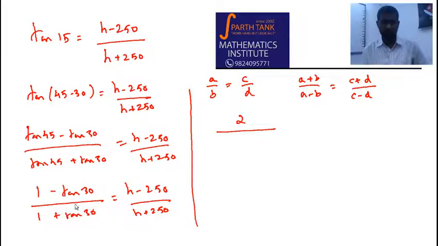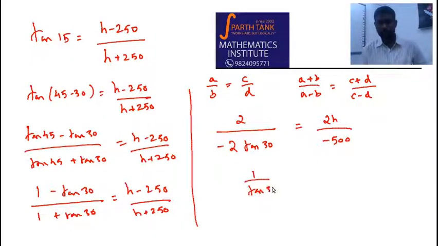A minus B is minus 2 tan 30. C plus D is 2h and C minus D is minus 500. So minus and minus can be gone. So 1 by tan 30 is h by 250. I cancel 2 and 2 and then 2 and 250. So this gives me h is equal to 250 by tan 30.